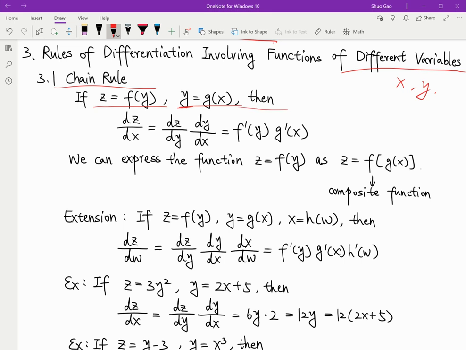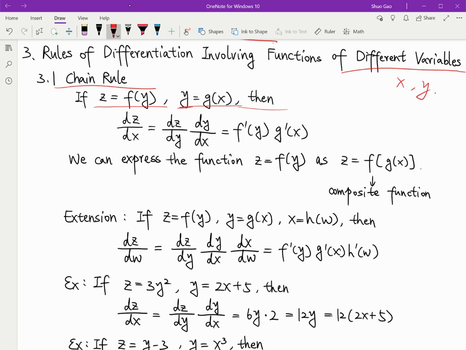If this is the case, then we want to find the derivative of z with respect to x. We know that x is not directly in the function z, because the variable in function z is y. But y is also a function of x. To find the derivative of z with respect to x, we use the chain rule.